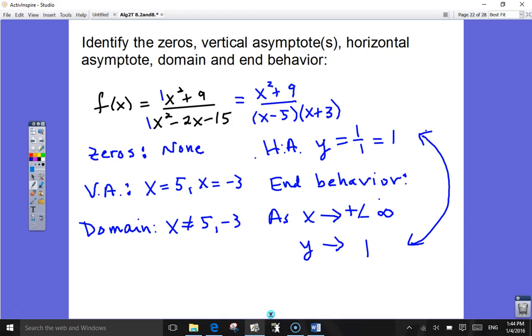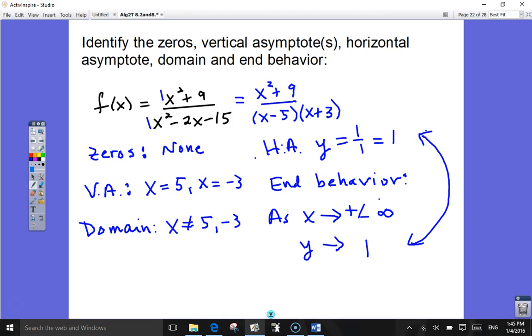X plus 3 times x minus 5, right? What were the zeros of the function? Okay, -3. If you plug in -3, -3 squared is 9. 9 plus 9 is not 0.